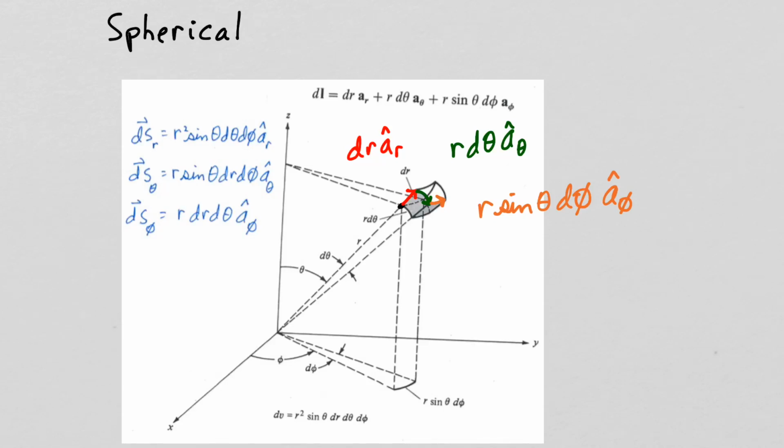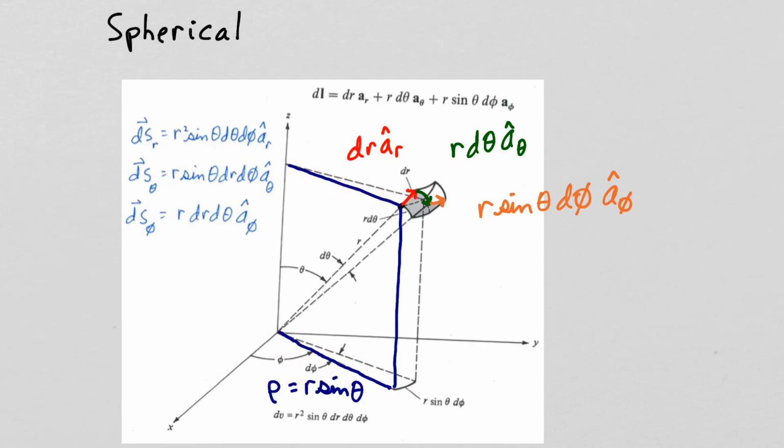To help visualize this arc length, let's look at the phi plane. Here is our plane at phi, and we know one end is always attached to the z-axis, and phi is the angle the plane makes with the x-axis. Now we will increase phi by an amount d phi. So this plane will move from here to this second dashed line here. When we change phi, we're not sweeping at a radius of r, but we're sweeping at a radius of rho.